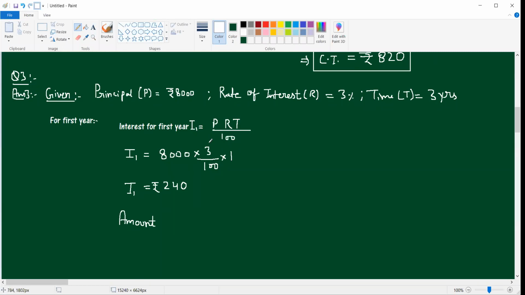Now, is it clear? Putting the values, you will get this. Amount after the first year will be A1 equals P plus I1, which implies that A1 is equal to 8,000 plus 240.